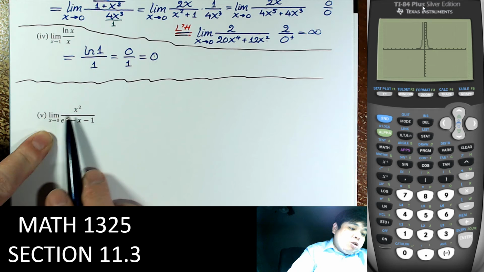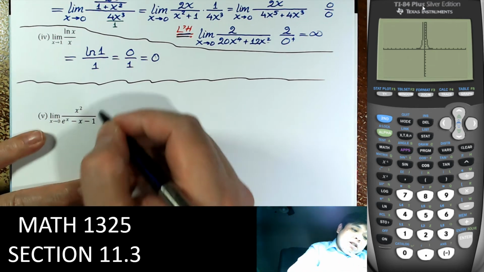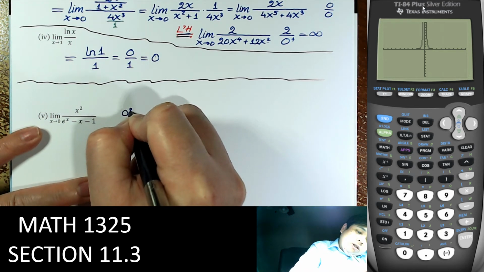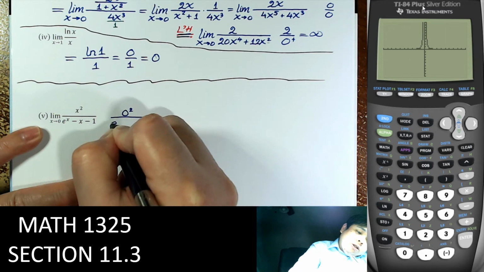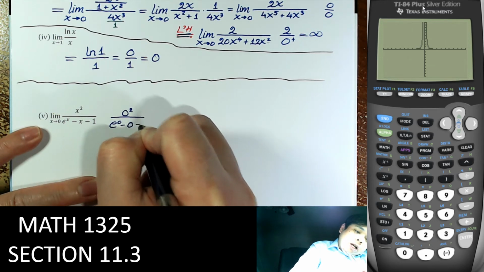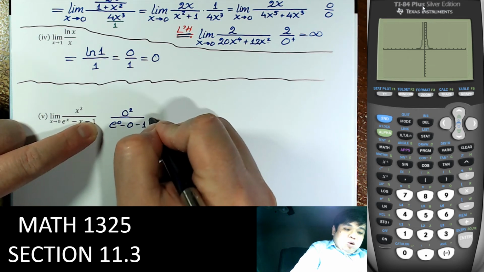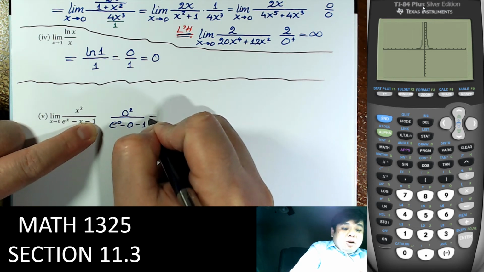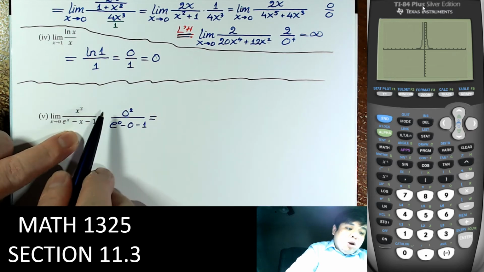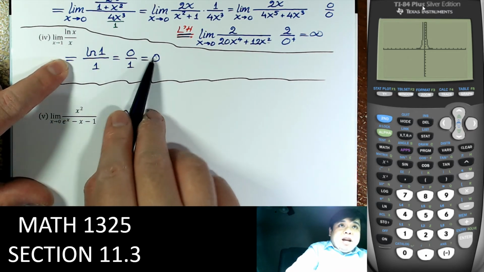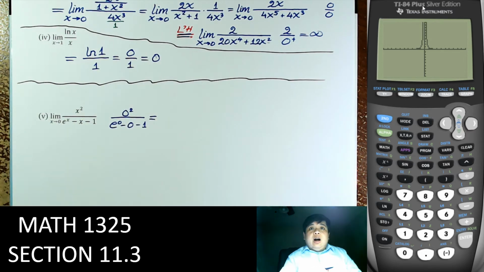Right. Next we have this. Now we're going to put 0 in for x. Notice we do not make it equal because we don't know what it is. It could be undefined, it could be indeterminate, it could be something. So we're not writing equal. We write equal if it ends up being a defined number.